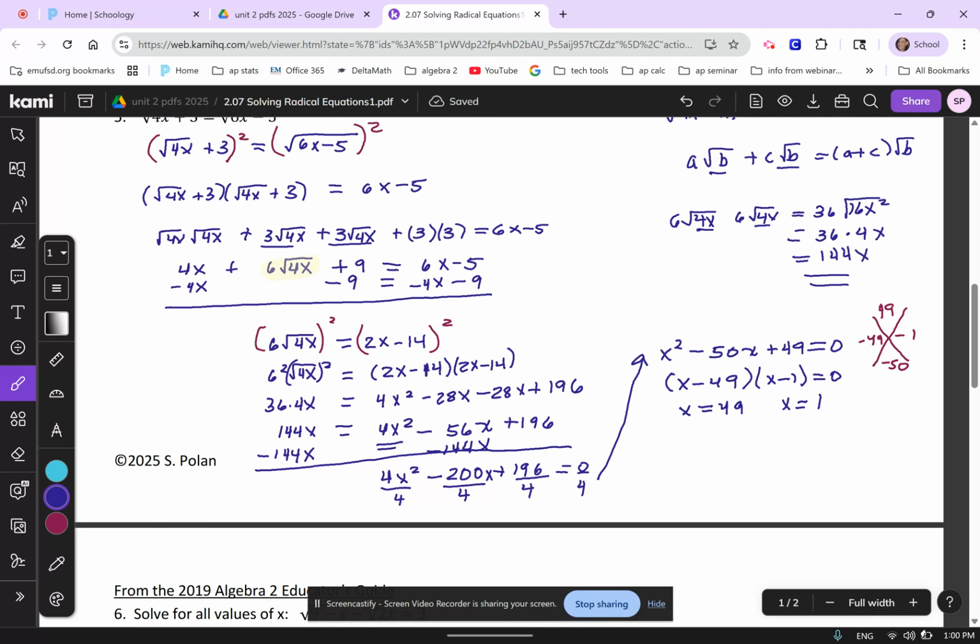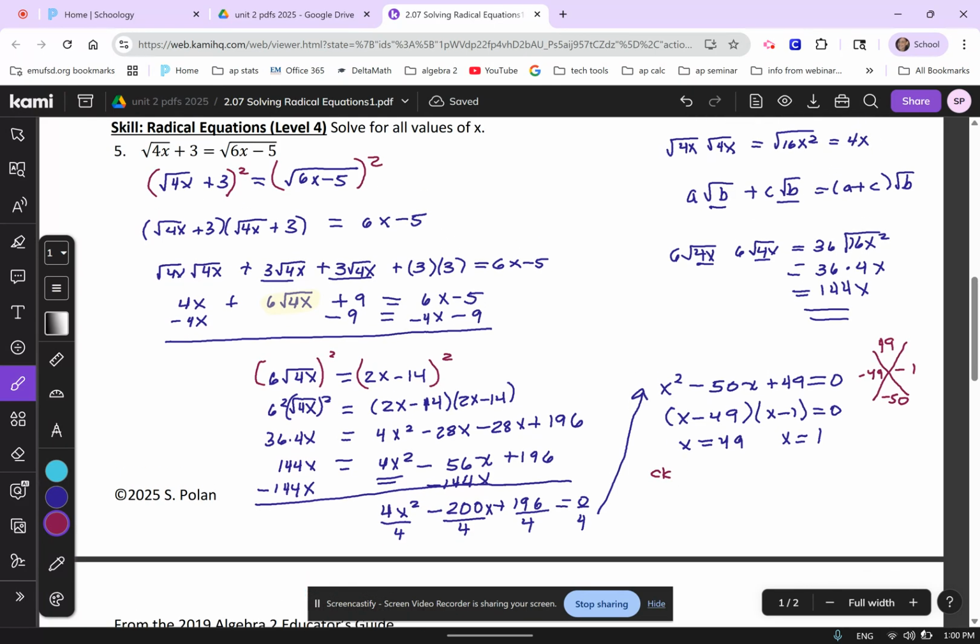And now we check. So I'm going to check in red, and we have to check both. You can use the calculator to check. You don't have to show it, but I'm showing it just for you to understand. So I'm substituting 49 in. You could use GeoGebra for this.